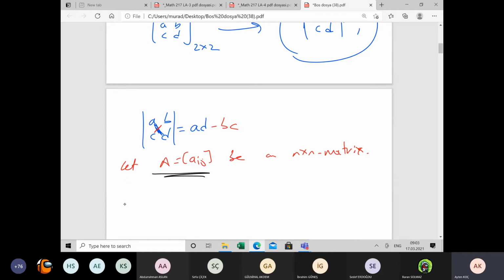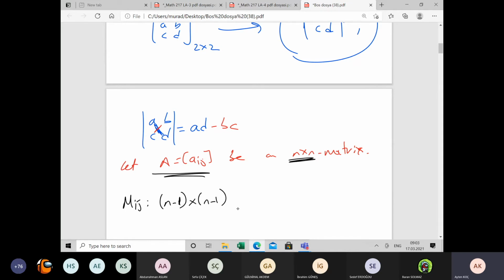Let's define the new matrix Mij. Our matrix A is n by n, and Mij is a new matrix of size n minus 1 by n minus 1.